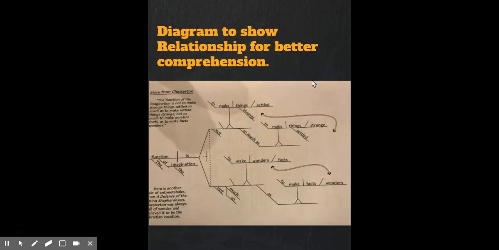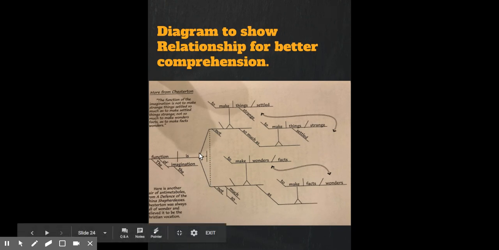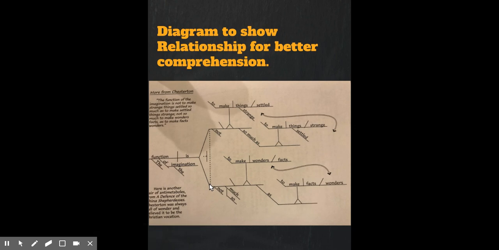Okay, this is where diagramming really, really helps. So we would start, once we figured out, got rid of the phrases, we know we could safely put function and is and everything that modifies it underneath. It's when we get to this compound part that it starts to get dicey for us.